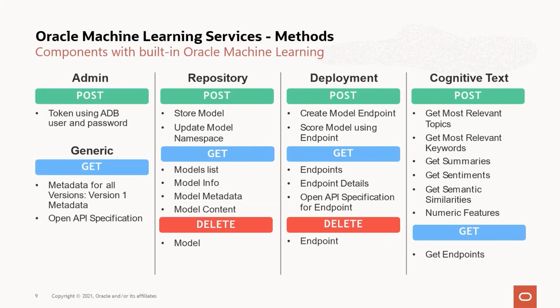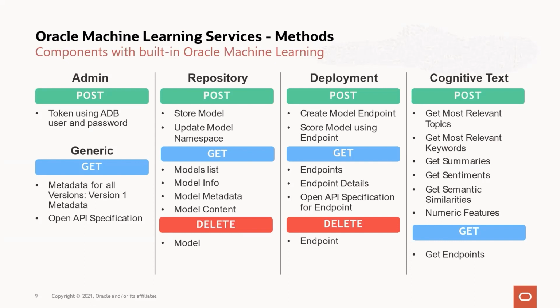These are the endpoints that are in the data center where your Autonomous Database resides. They provide several capabilities, and we're going to see them, but basically storing your models and running scoring endpoints. For ONNX models specifically, we have endpoints for storing, deleting, and listing deployed models and retrieving model metadata and model details.